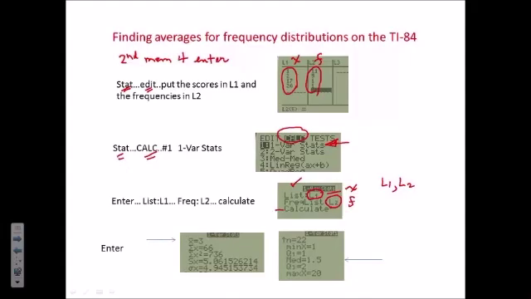Navigate down to Calculate, press Enter, and you'll have the mean, x bar, the sample mean, indicated as 3, and if you scroll down, you'll see the median also listed as 1.5. This calculator does not show you the mode.